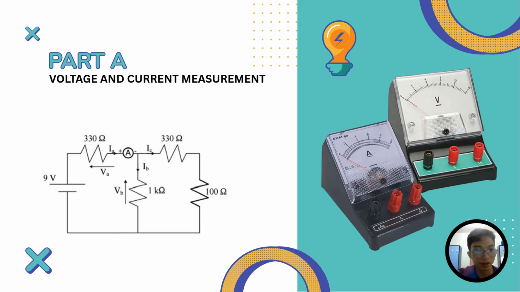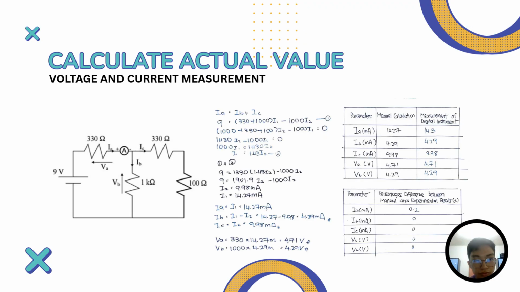You can see on the diagram, the circuit is listed now, connected with a 9-volt battery, and the current flows through multiple resistors, which are 330 ohm, 330 ohm, 1000 ohm, and 100 ohm, connected together in a parallel circuit.